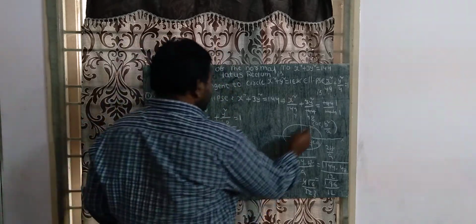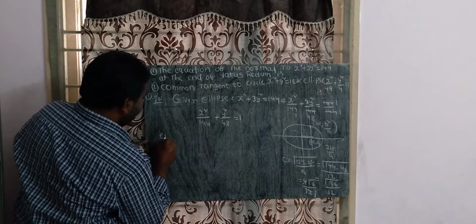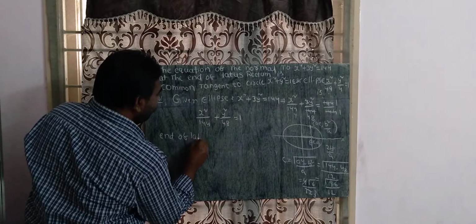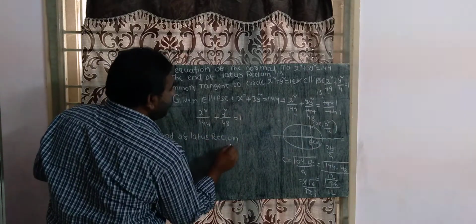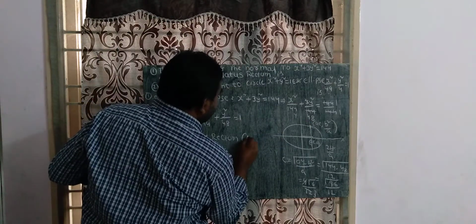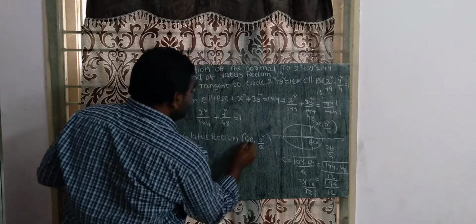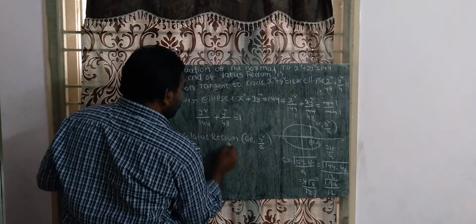So here the end of the latus rectum is the point (ae, b square by a). Here a square is 144, so a is 12.